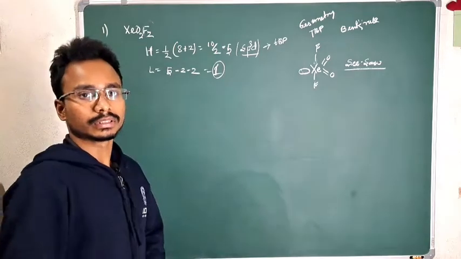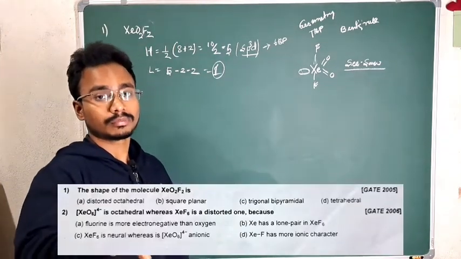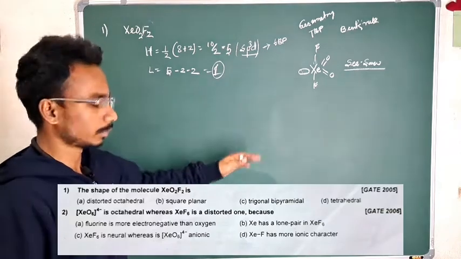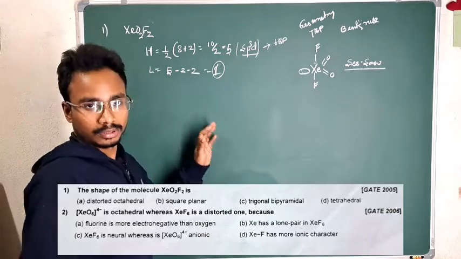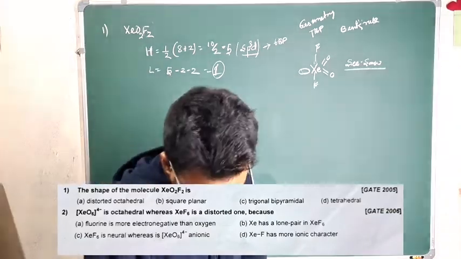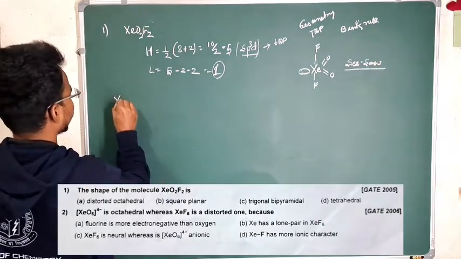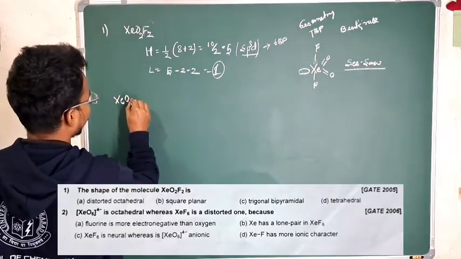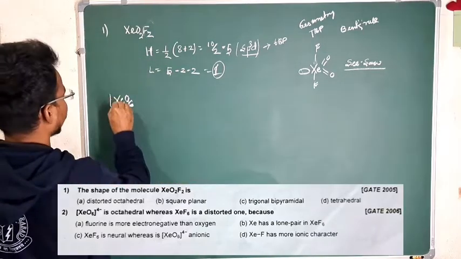It will appear on your screen. Watch the video carefully, pause it, and I am solving the problem here. So the next question is XeO6 4 minus.